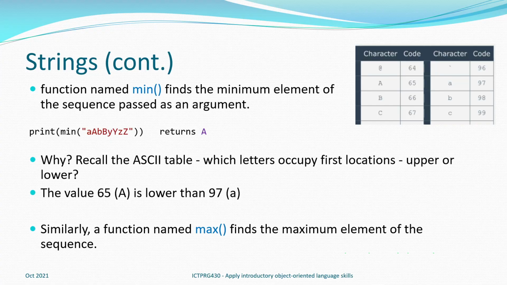So in the example here, where we print minimum and then we have a string, what you do is look up each character in its code point value, and it will return the value that is the smallest. In this case, it's capital A, because its code point is 65, whereas the lowercase a is 97. And the B's and the Y's and the Z's are higher values.